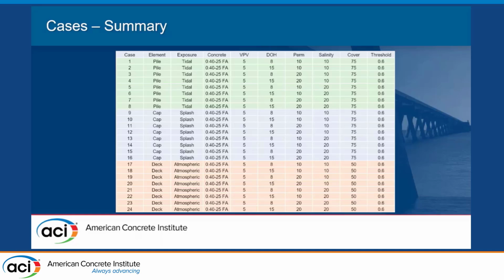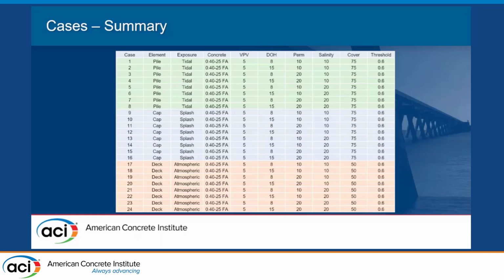The volume of permeable voids is set at 5% in all cases. Then the diffusion coefficient, which is called D0 in STADIUM, but that's the diffusion coefficient actually, has a variability of 8 or 15. The permeability may be 10 or 20, and the salinity variability may be 10 or 20.